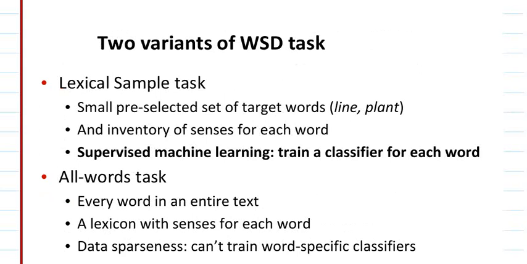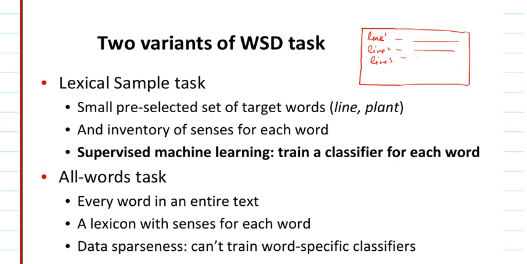If we are interested in line, we would require a lexicon or an inventory of line. This inventory has the line and its glosses: line 1, line 2, line 3, and the glosses are present here.